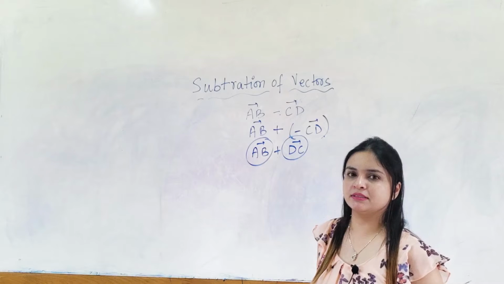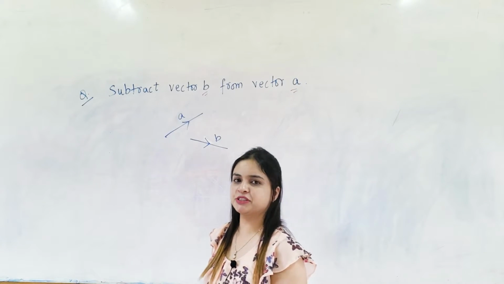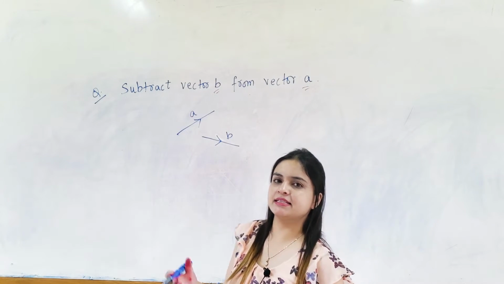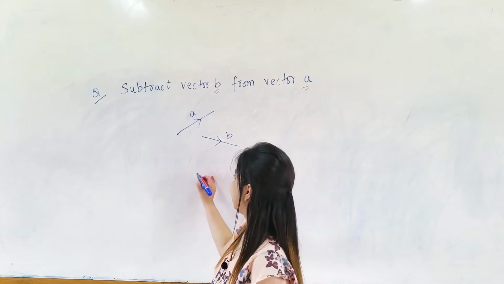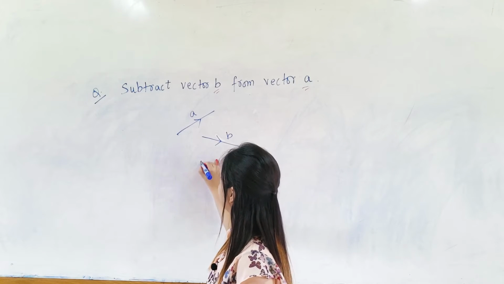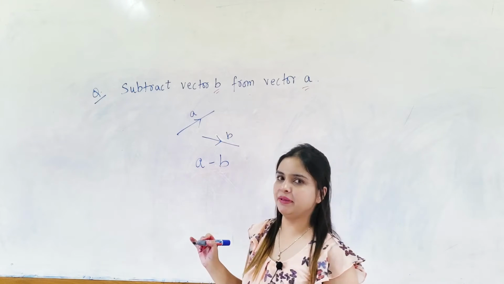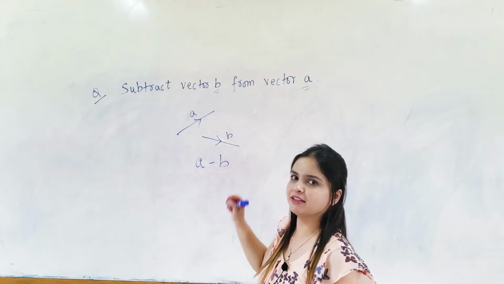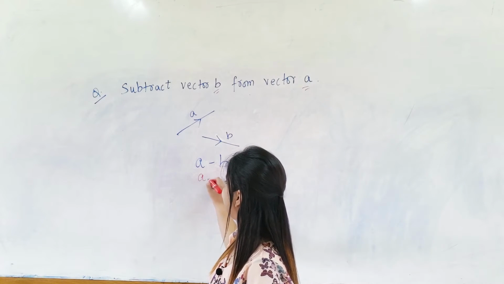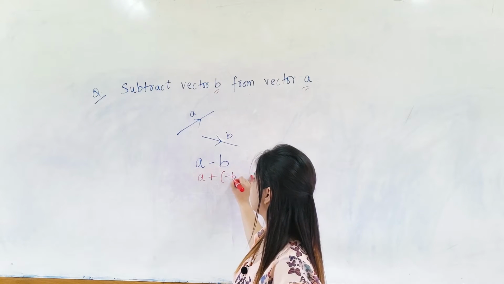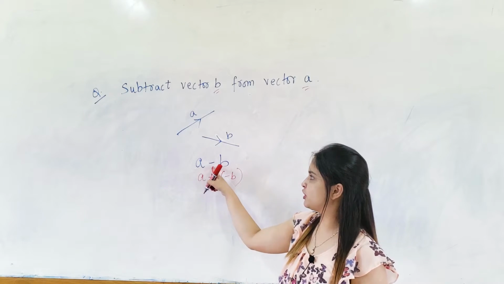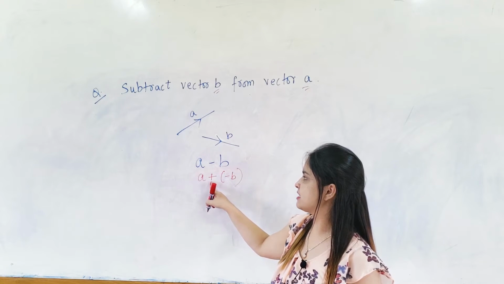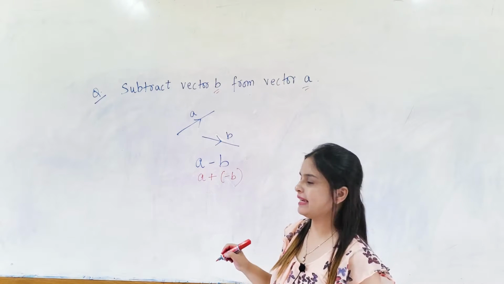Let's try some examples. Now the next question is subtract vector B from vector A. When I say subtract B from A, that means you have to find A minus B. Now, can I write this as A plus minus B? If I want to change subtraction to plus, can I write minus as plus minus B? Yes.